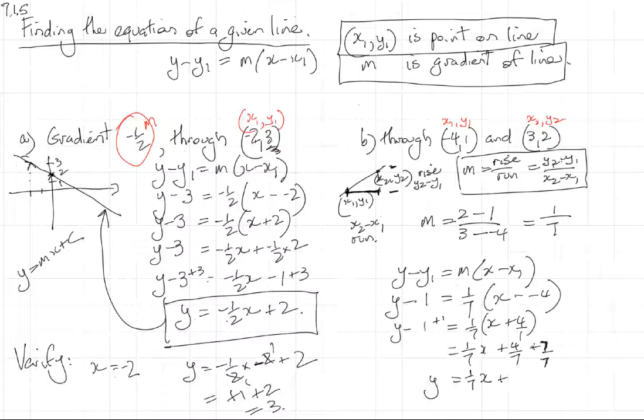So I've got 4 over 7 plus 7 over 7, which will be 11 over 7 when I add the fractions together. Okay, so there's the equation of a straight line that passes through (-4, 1) and (3, 2). And this one over here, I'll add the beauty of already knowing the gradient, and we just add that point as a point on the line.